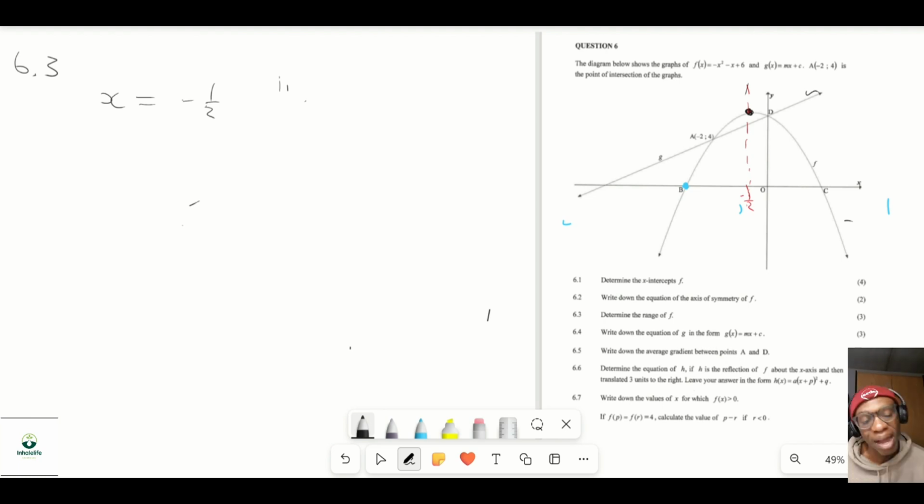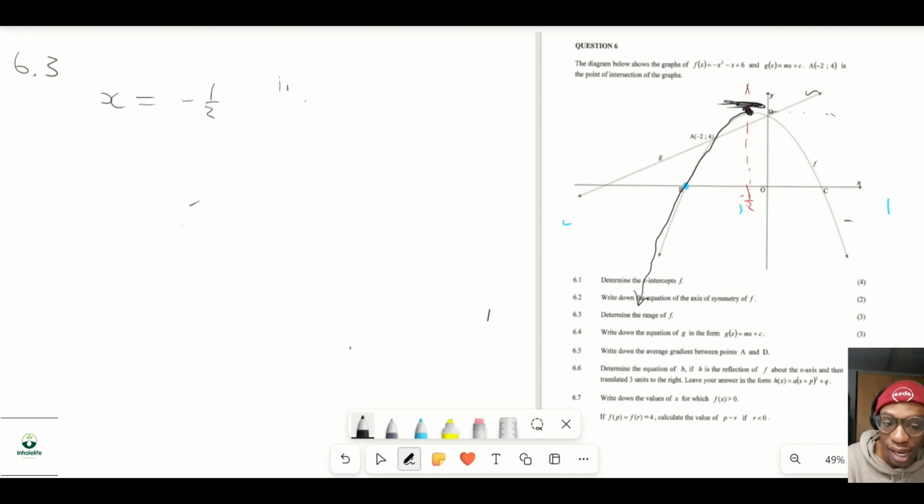And remember I said the range focuses on the vertical part of the function, meaning that it only focuses on the y coordinates. So our function comes from infinity, and then it ends here in this position, which is the turning point.